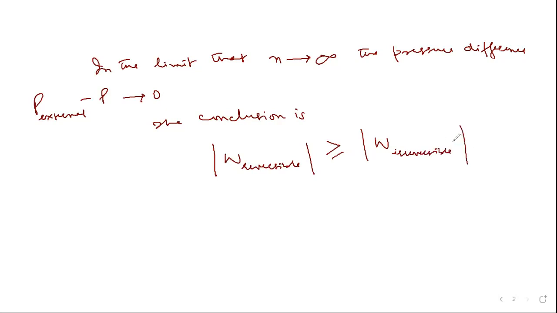This is for expansion step, right? Magnitude of the work done by the gas in reversible path is greater than or equal to the magnitude of the work done by the gas in irreversible path, right?